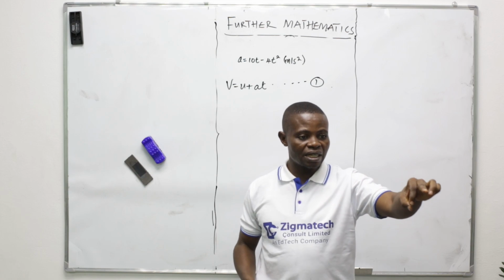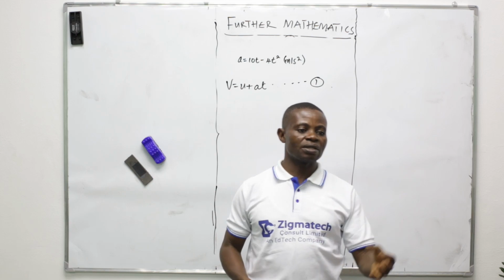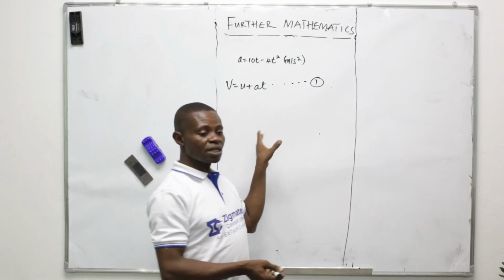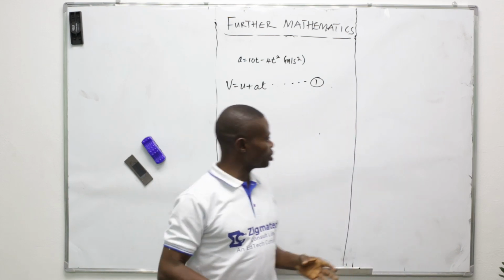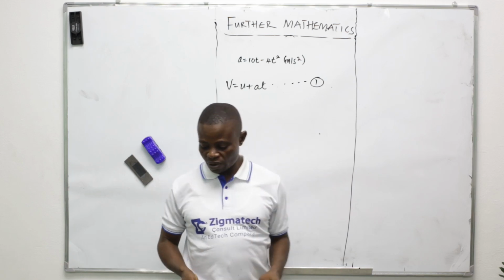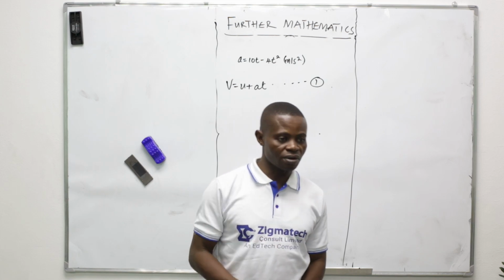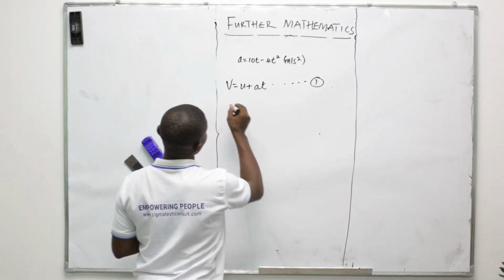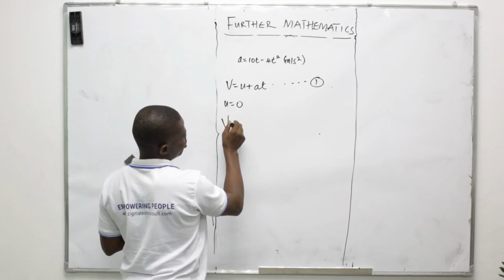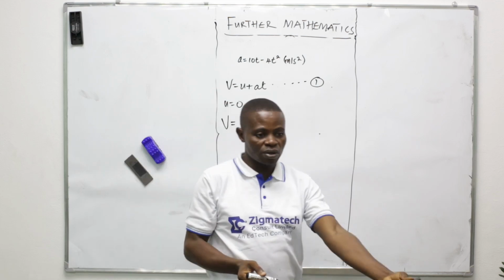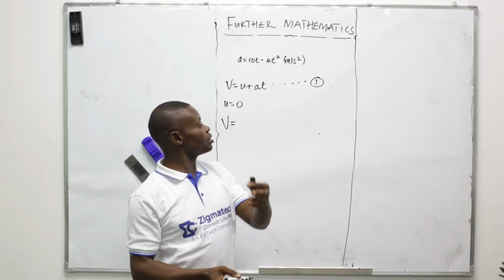A particle initially at rest moves in a straight line with an acceleration of this, meaning when this object was at rest, the velocity of this body equals 0. That's when you talk about initial velocity equals 0. That is U equals 0. So what are we looking for? We're looking for final velocity because the object is already in motion, moves in a straight line with an acceleration.